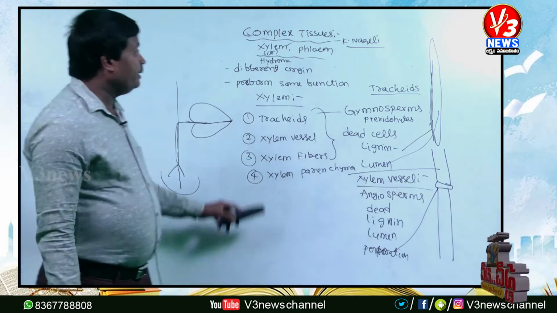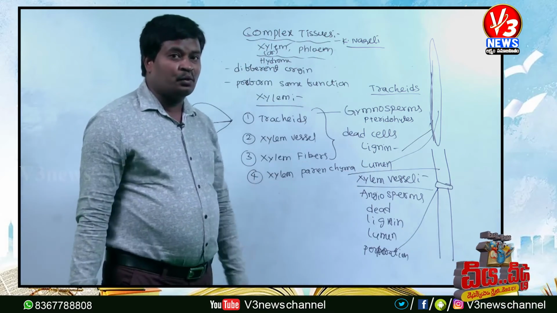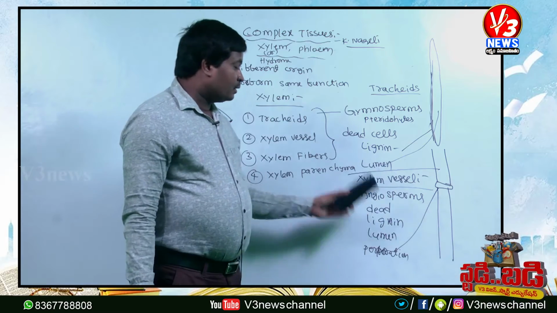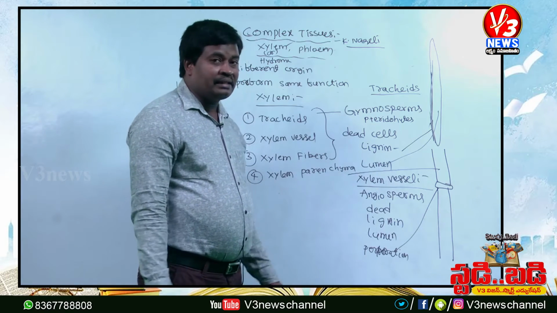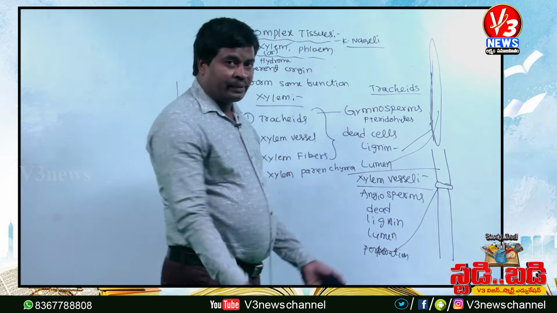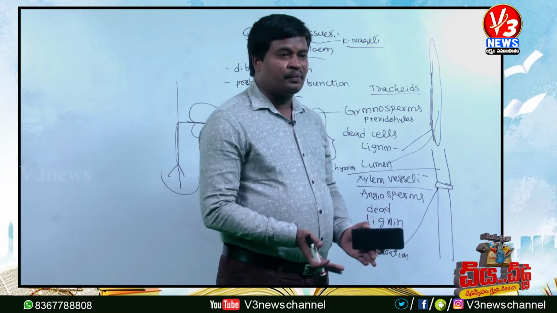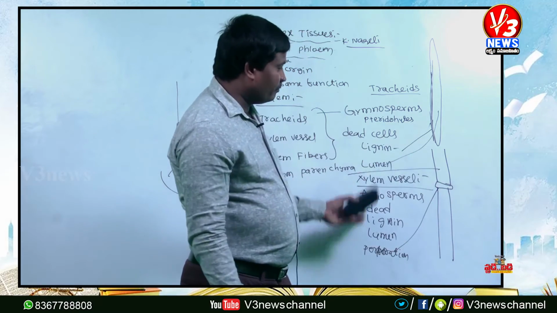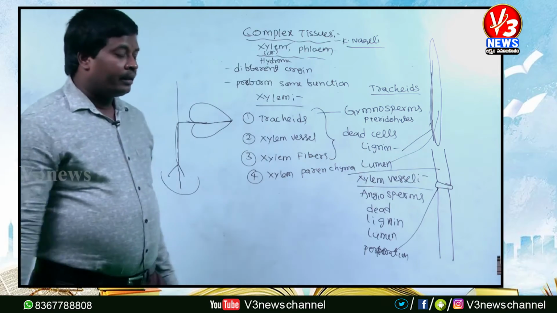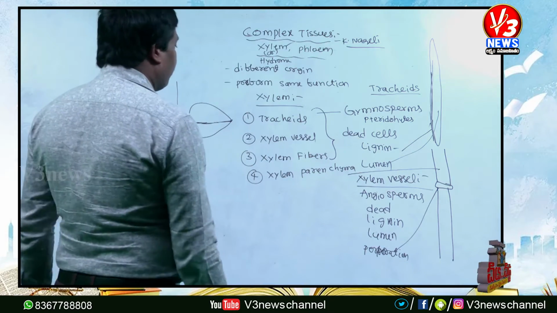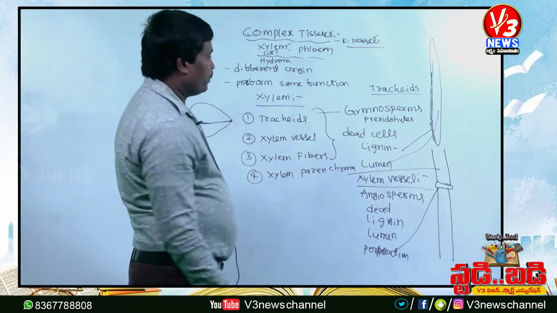It is absent in gymnosperms and present in angiosperms, but tracheids are present. Tracheids have a short lifespan and degenerate. After that, the xylem vessel continuously supplies water into the plant body.